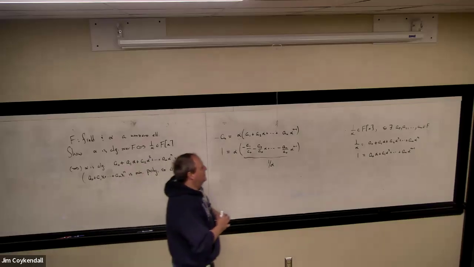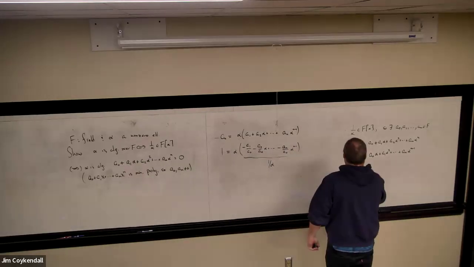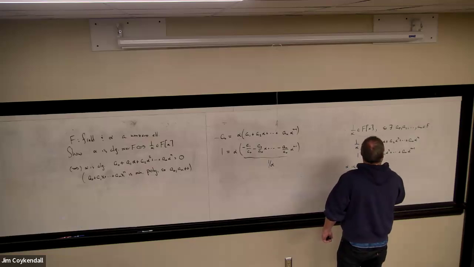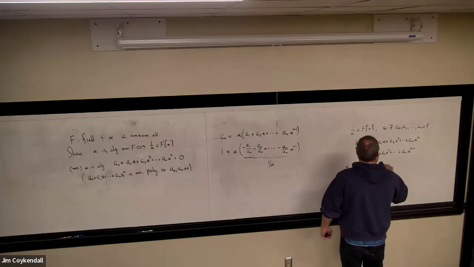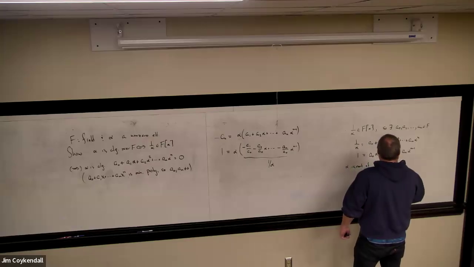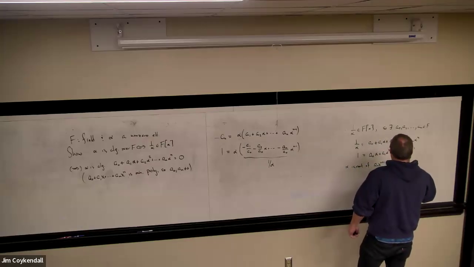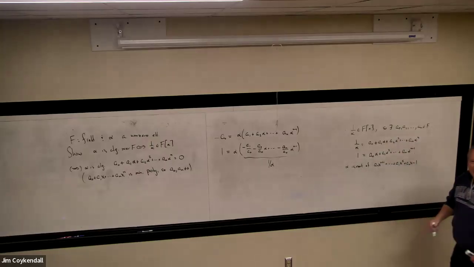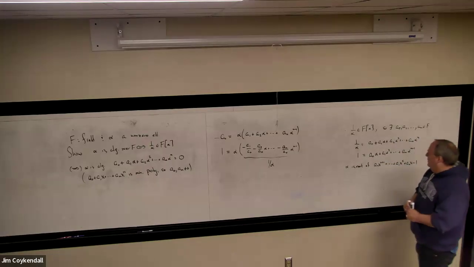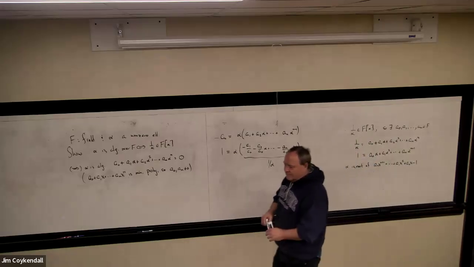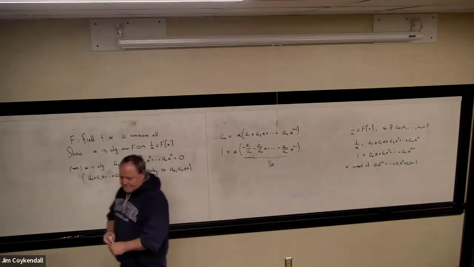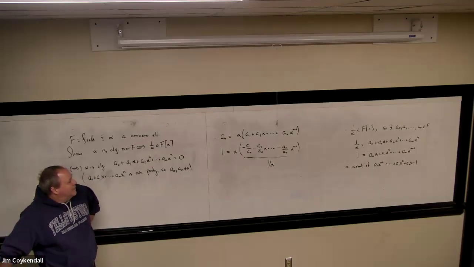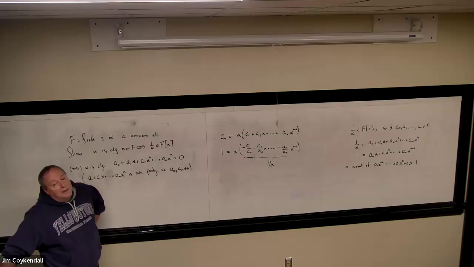Like if it's not 0? Oh, because alpha over 1 equals 0. Oh. Yeah, just read it back. And then that shows that 1 over alpha is in F. Oh, yeah, because, yeah, yeah.